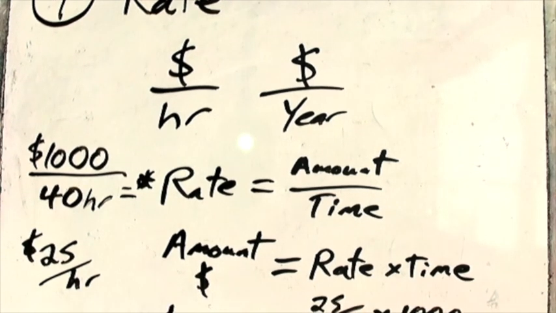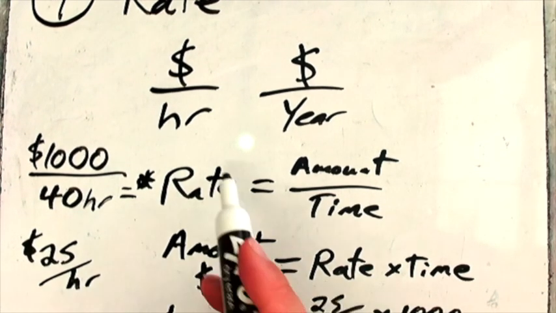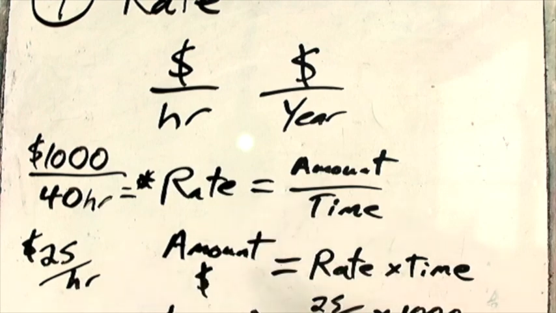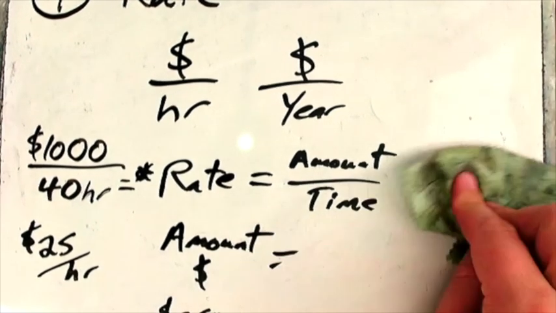So you can see here that depending on how I do these questions, the rate equals the amount over the time is an important equation here. Let's move on to question 5.